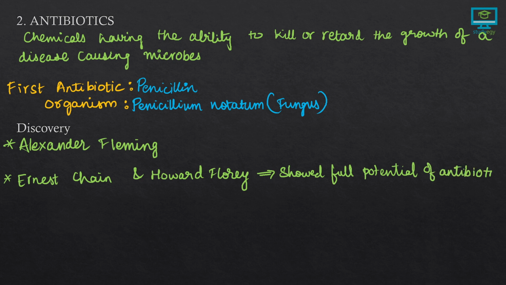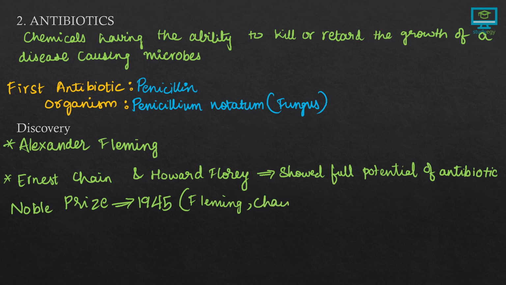Unfortunately, Alexander Fleming died before that, and later these two scientists together showed the full potential of antibiotics. Hence, all three scientists, Fleming, Ernest Chain and Florey, were awarded the Nobel Prize in 1945.